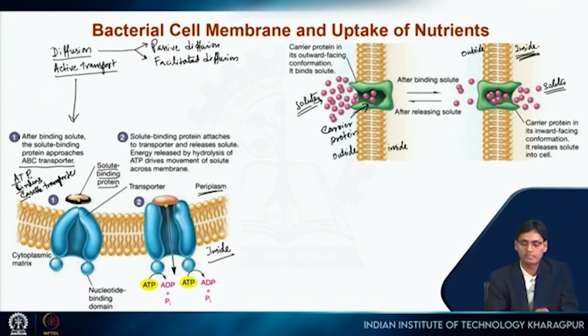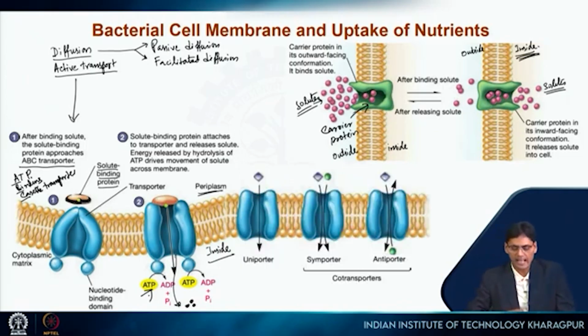A solute binding protein binds to a solute, and then after binding the solute, it binds to this ABC transporter and sends the solute inside the cell. So the solute will now be inside the cell. But in order to carry this out, we need to spend ATP, as I already mentioned. This is an active transport mechanism.